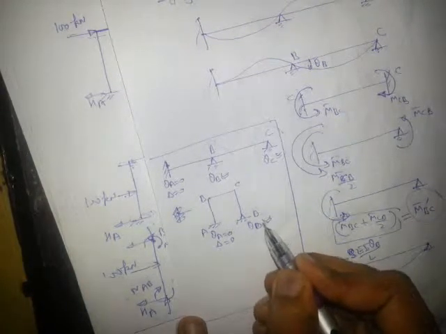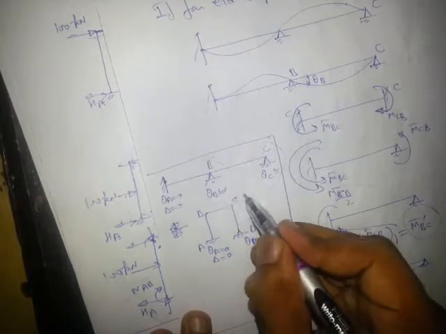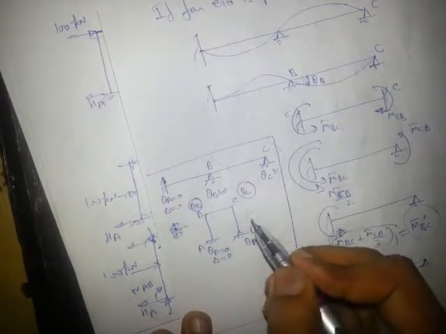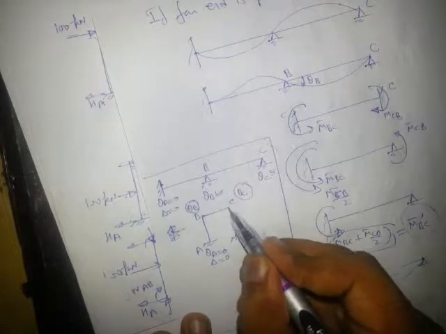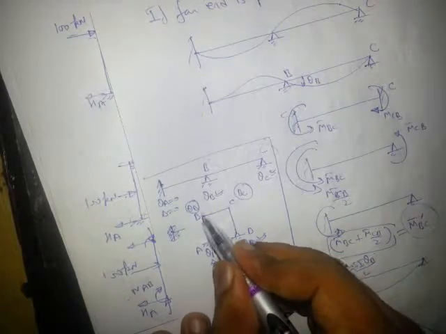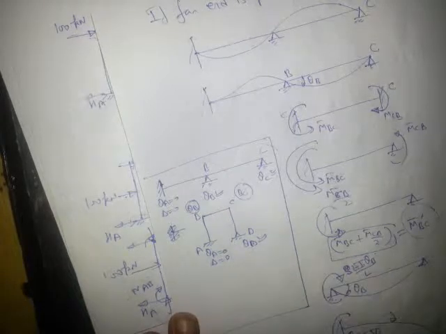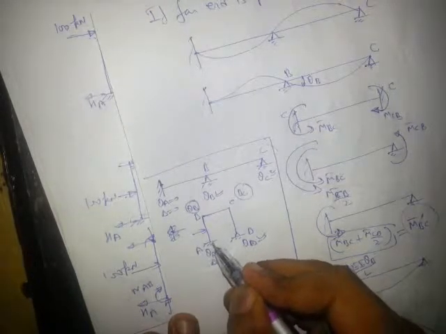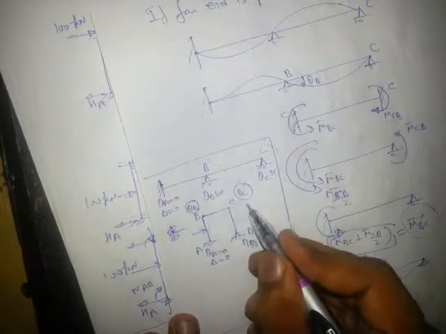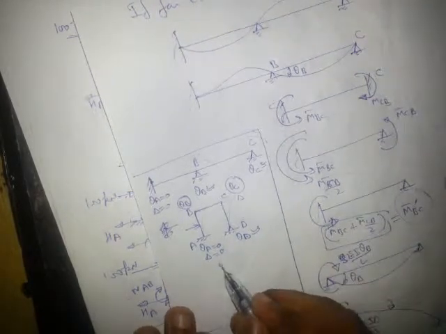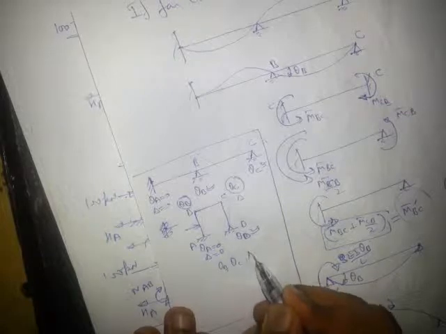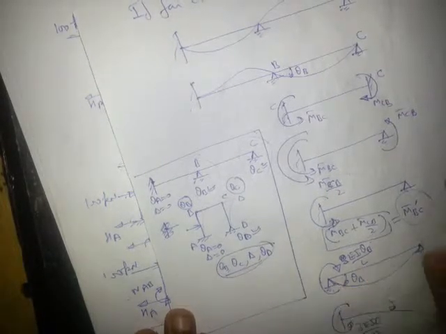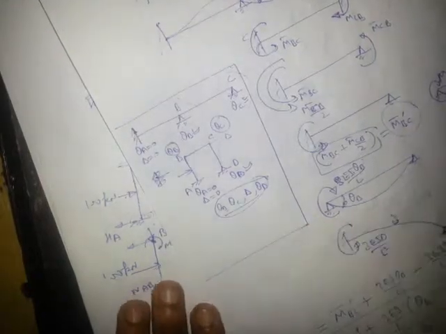So one unknown is theta D, another is theta C, another is theta B. Theta will always be present because these are not completely fixed, they are partially fixed. Rotation will be there, right? But if the loading is in this direction, it will sway. So one more unknown will be delta. So the total unknowns will be theta B, theta C, theta D and delta. 4 unknowns means we require 4 equations, and only then can we solve this question.